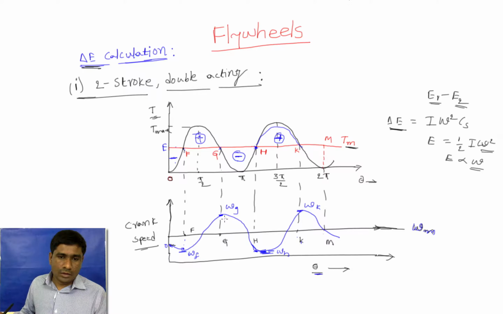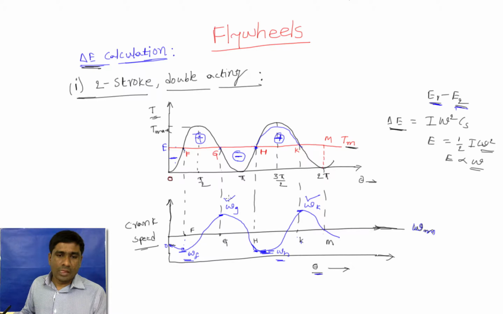Here delta E1 is the energy corresponding to the maximum angular velocity, either this or this could be the maximum, and E2 is the energy corresponding to the minimum velocity.